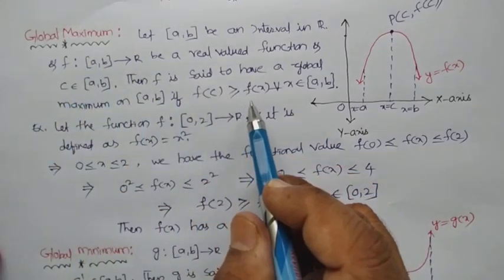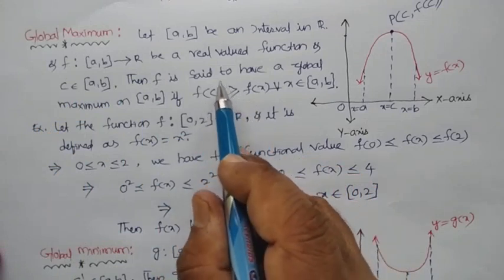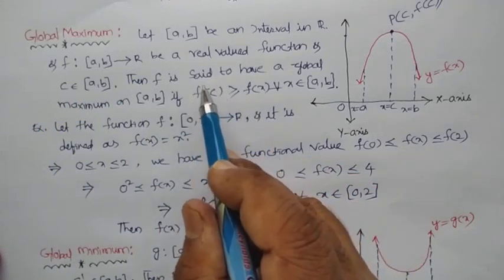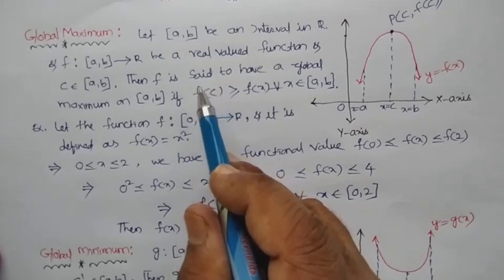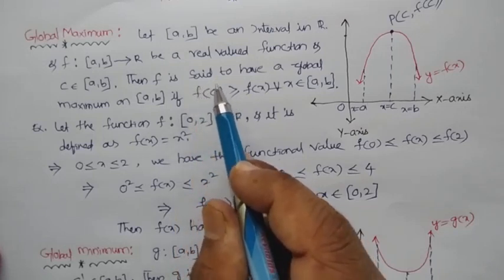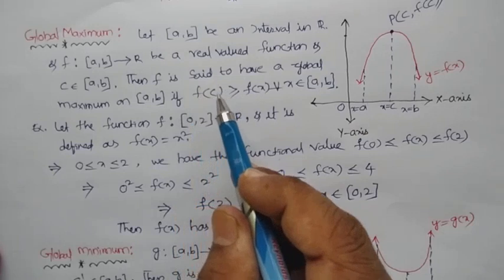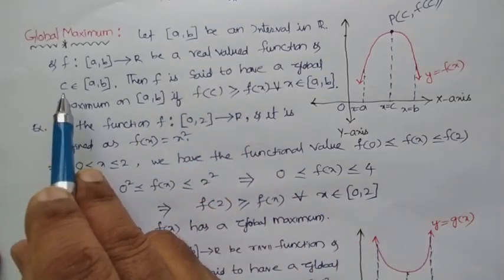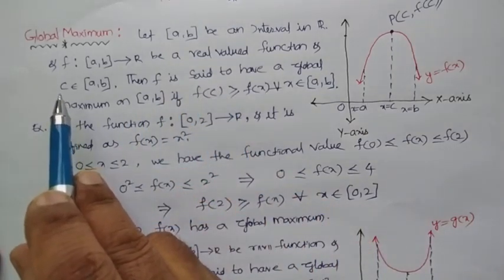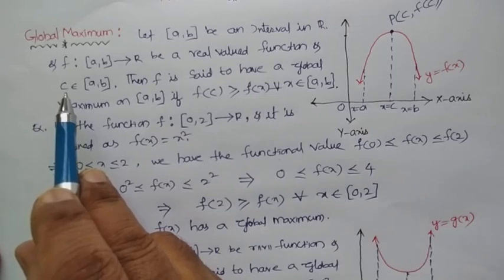Then f of c is called the value of the global maximum, and this c is called a point of global maximum.